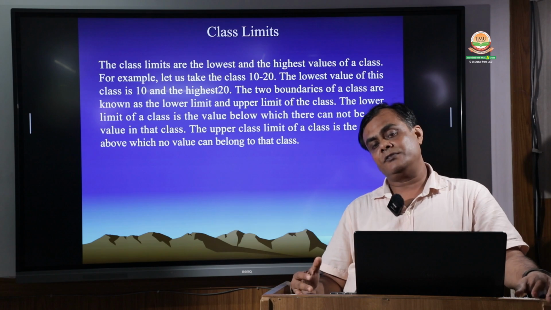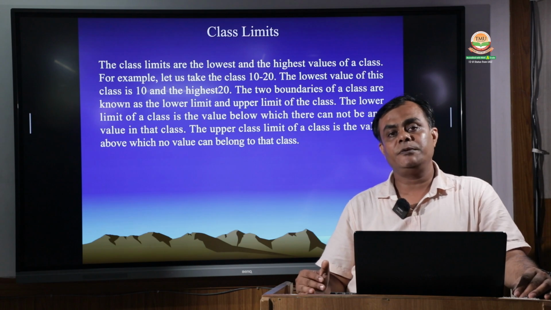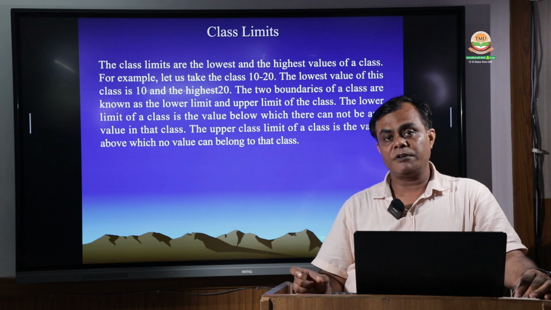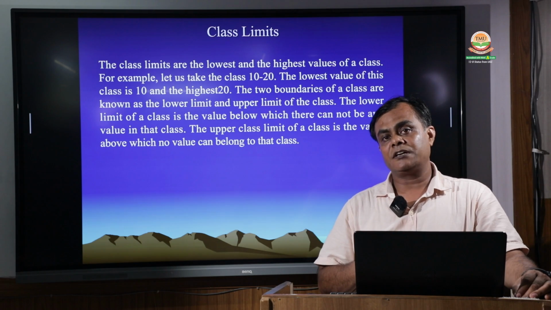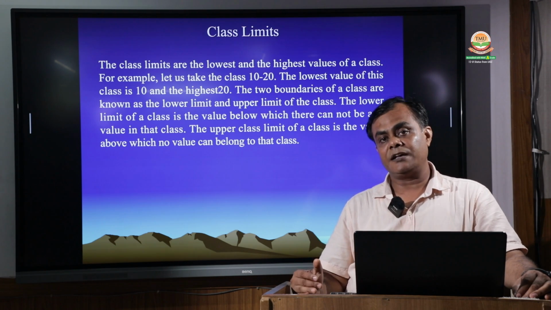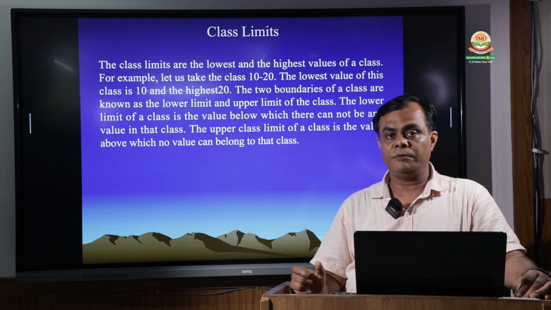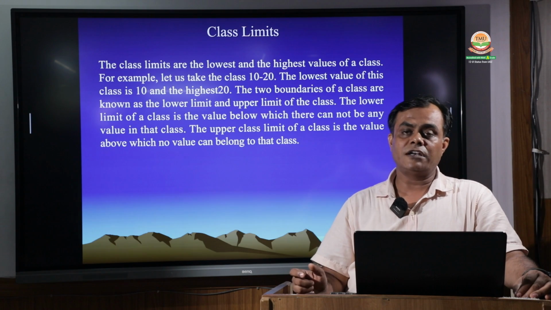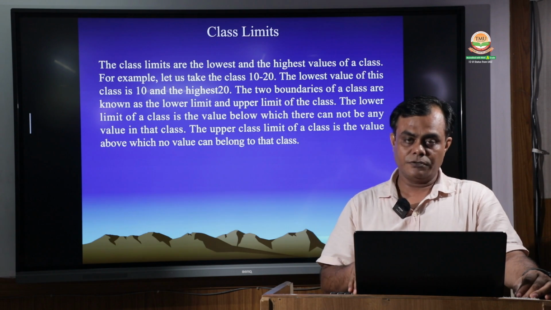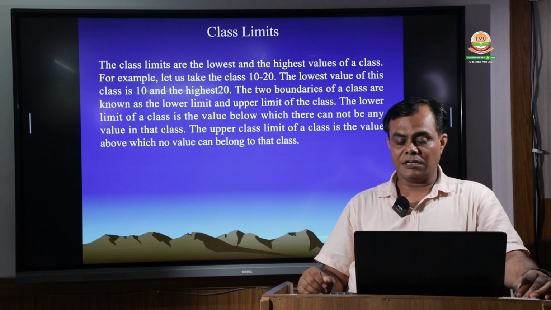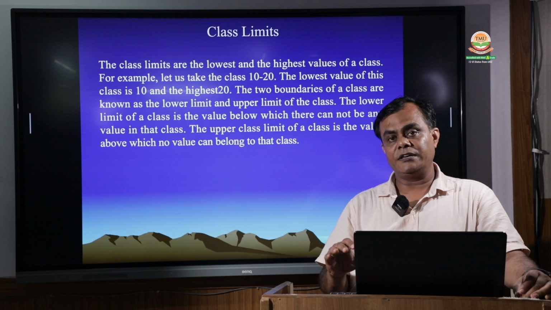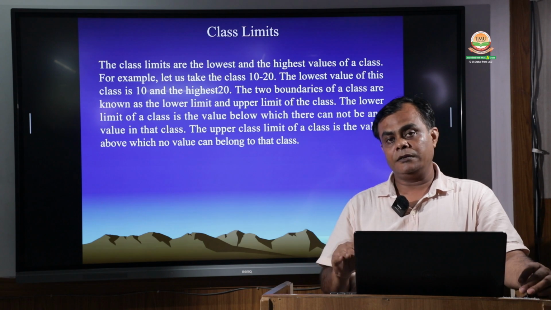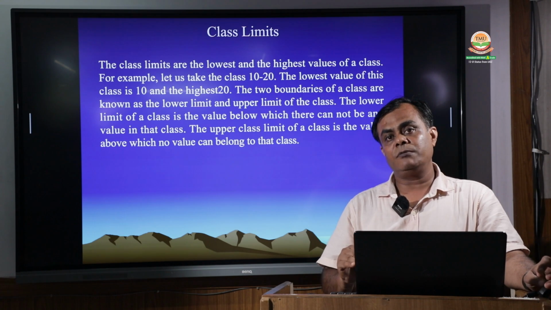So simply we can say that for every class, the class limits give the range of values, with a certain upper limit and lower limit, and between them there is the range. That is called the class limits. So 10 to 20 is the class limit, where the lower limit is 10 and the upper limit is 20.